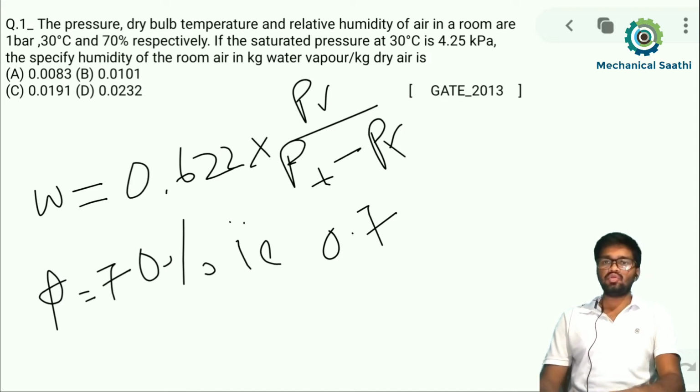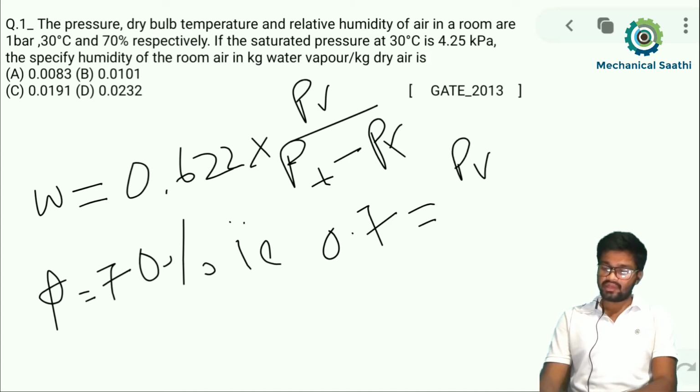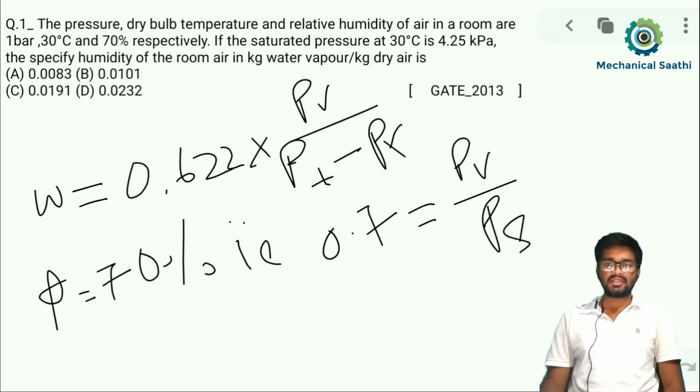The expression of phi is PV divided by PS, where PV is the partial pressure of the vapor and PS is the saturated pressure of vapor, that is the saturated pressure at the dry bulb temperature of 30 degrees, which is given to us as 4.25 kilopascal. So this data is given to us and phi is also given to us.